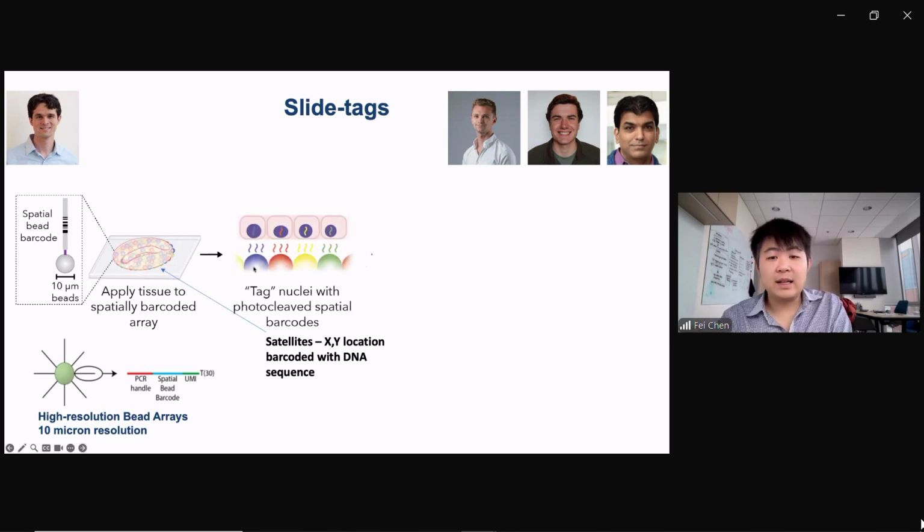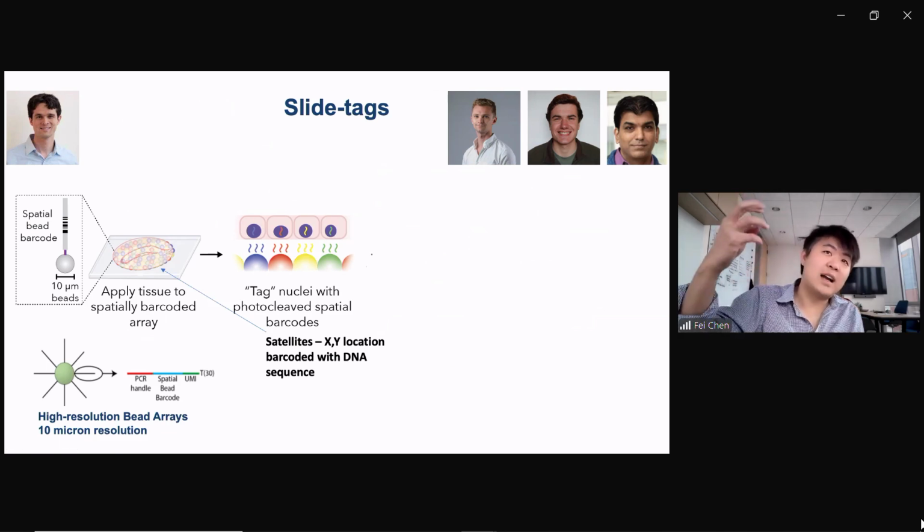Now, instead of capturing the mRNA onto the beads, we photocleave these beads and allow these barcodes to diffuse into the tissue. And these barcodes then associate with the nuclei of the cells, in a non-specific but quite robust manner, probably due to the charge of the histones.